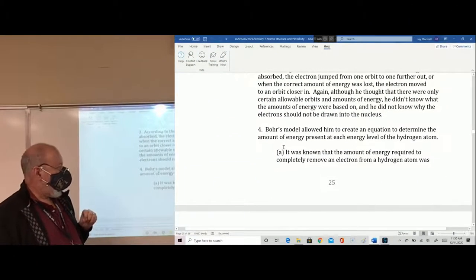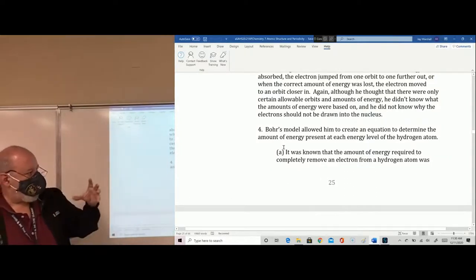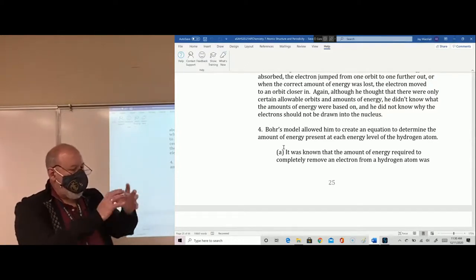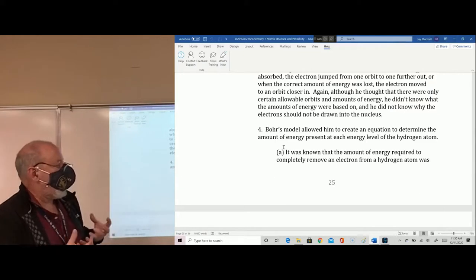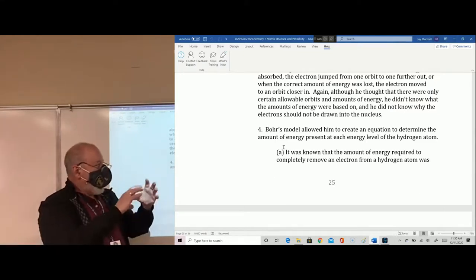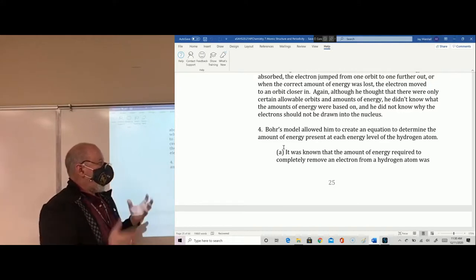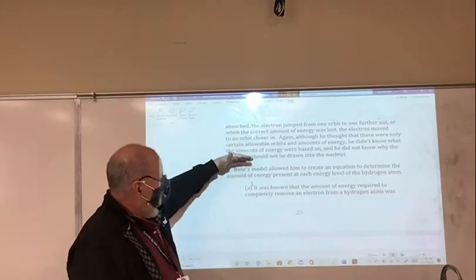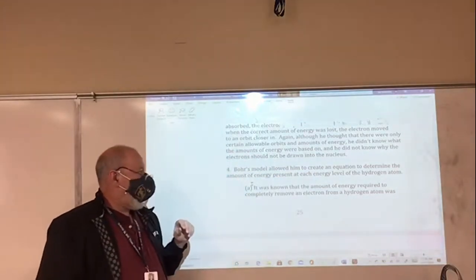Okay? And it's because they're not traveling in an orbit, right? They are not going to get sucked into the nucleus. Their whole waveform covers the space around the nucleus. They can't get sucked into the nucleus because the space that their wave vibrates in is surrounding the nucleus and containing the nucleus.